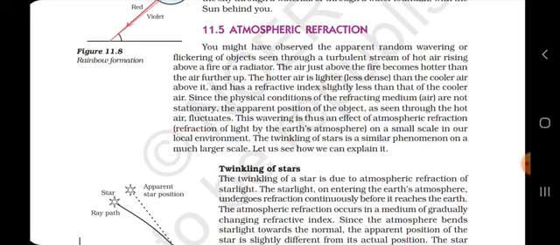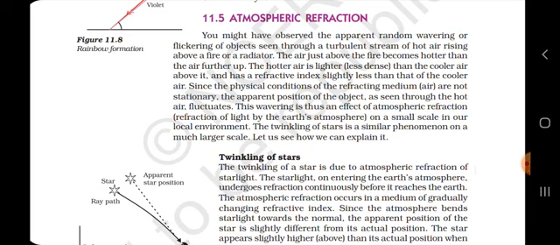The hotter air is lighter than the cooler air above it and has a refractive index slightly less than that of the cooler air. Since the physical conditions of the refracting medium are not stationary, the apparent position of the object as seen through the hot air fluctuates. This wavering is thus an effect of atmospheric refraction.